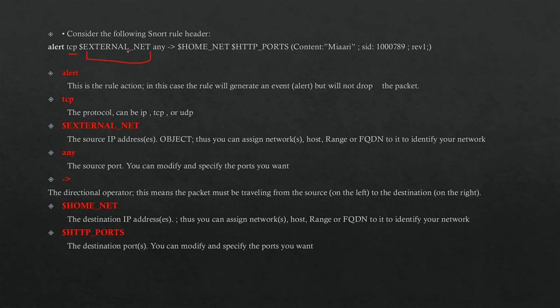You remember the objects that we took, like network object, host object, FQDN, range of network, that I can create and assign a network to. This is the same. Here the external network is indicated for source IP addresses, and by default it will be any. And here the source port.